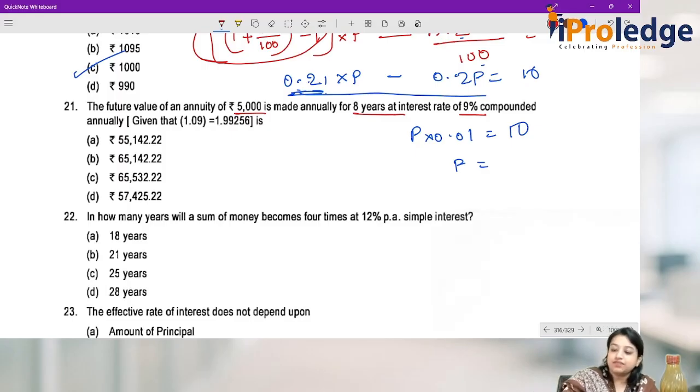What's the answer? The formula part, you substitute, and later it's a hard job.